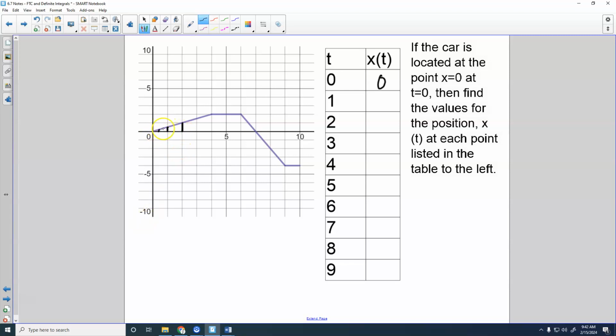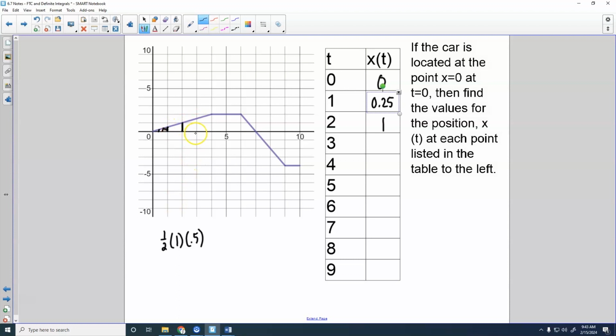At 1, how far does the car travel? I think it's less than that because it's going to be 1/2 times 1 times 0.5. We'll get 1/4. All right, what about at 2? 1 for that, because that little triangle is going to have an area of 1.